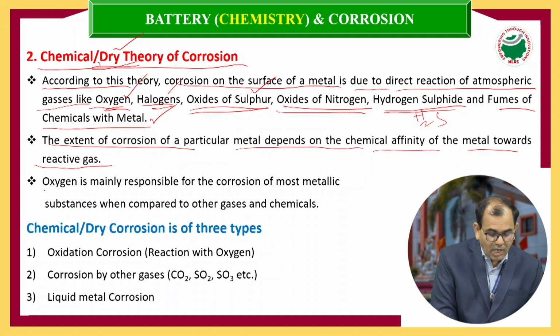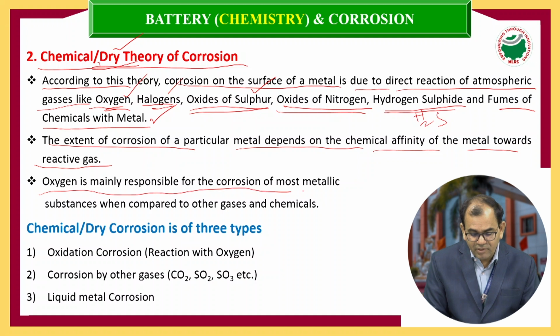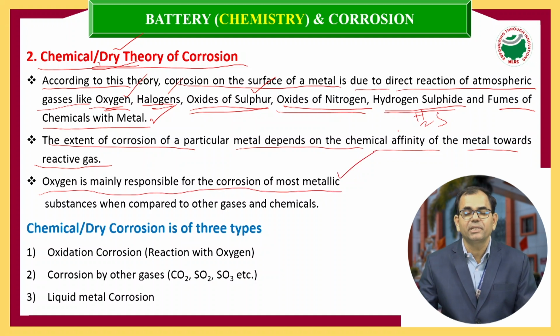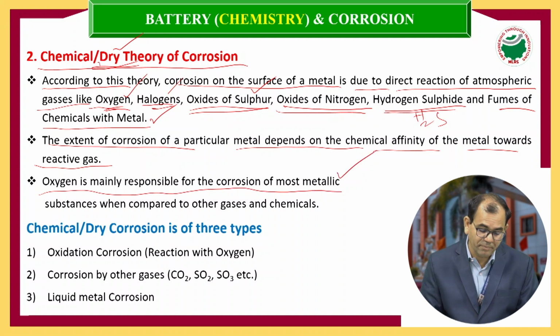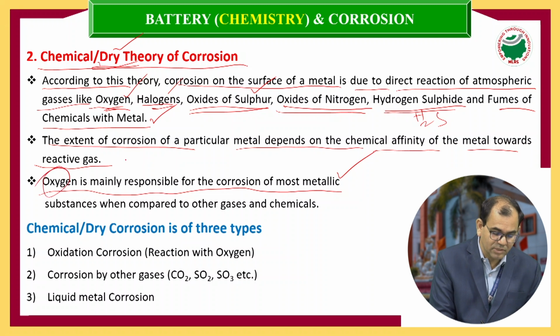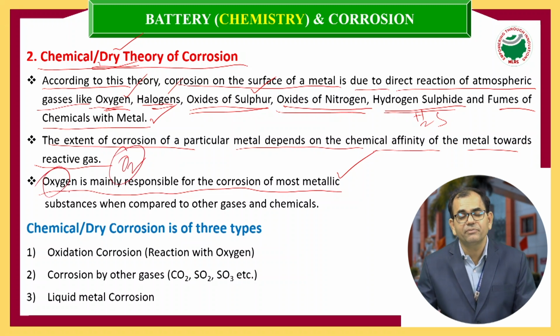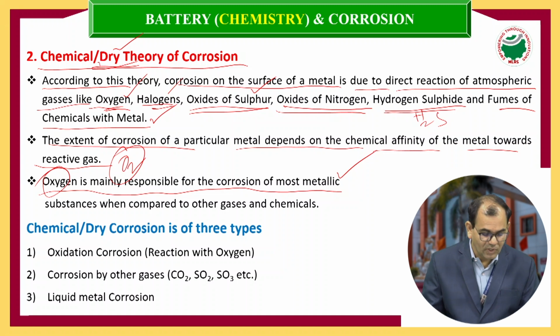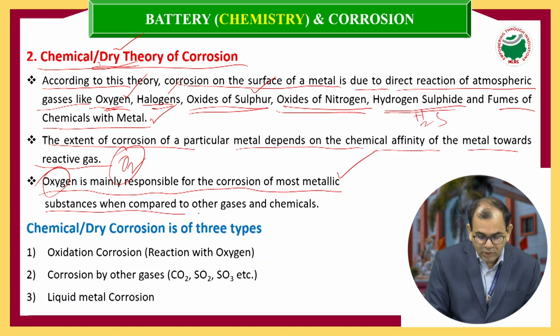Now, oxygen is mainly responsible for the corrosion of most metallic materials. So, who is the main culprit? O2, oxygen, is the main culprit for most of the metals to corrode. Oxygen is more reactive in this sense compared to other gases.